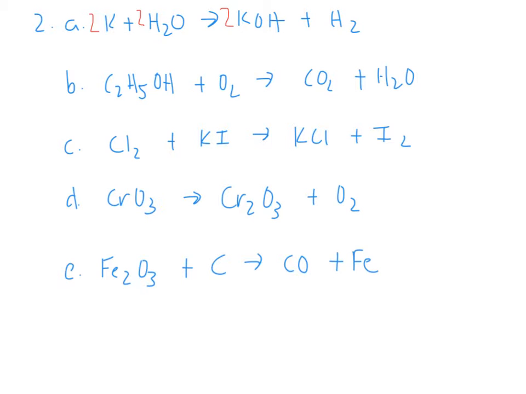With letter B, C2H5OH plus O2. Again, with combustion equations of a hydrocarbon, or in this case an alcohol, but C, H, and O, it's easiest to balance the carbon and then the hydrogen and finally the oxygen.